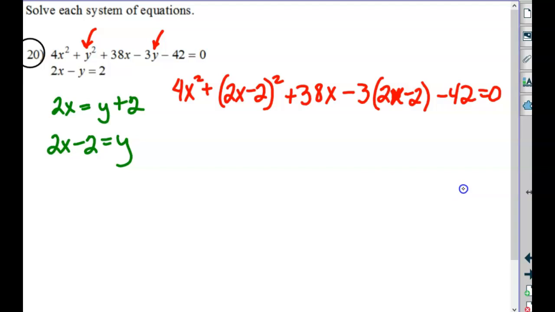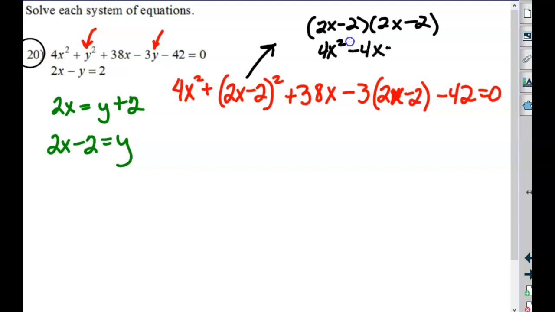What's the most common mistake people are going to make? Yeah, they're not going to FOIL that out right. 2x minus 2 times 2x minus 2 is 4x squared minus 4x and another 4x and a plus 4.